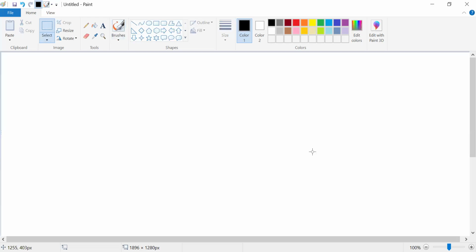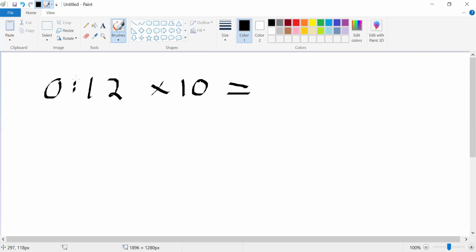Now, if it is 0.12 into 10, here there is only 1 zero. 1 zero can cancel only 1 decimal, but here 2 decimals are there. So 1 decimal place will get cancelled and 1 decimal place remains. That means the decimal will move 1 step, so it will become 1.2.